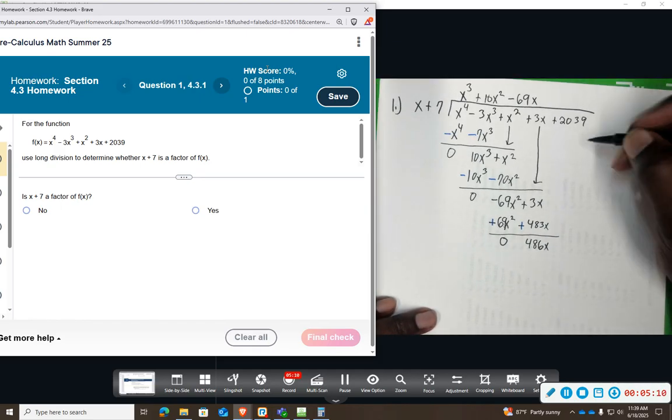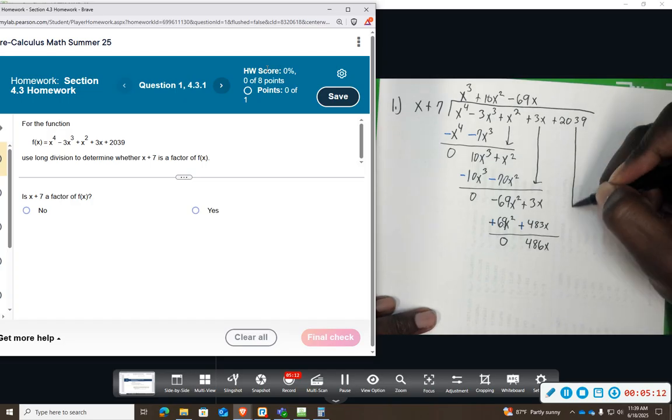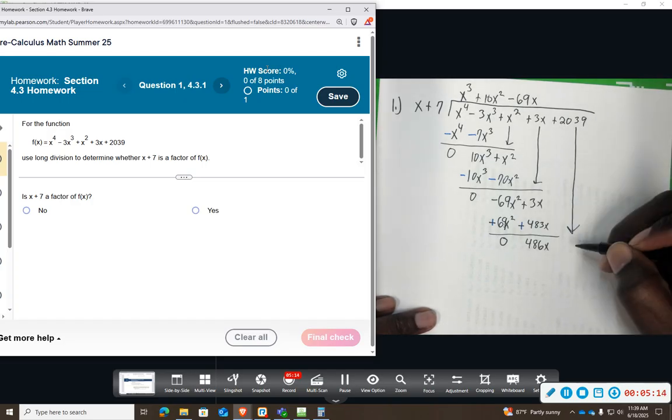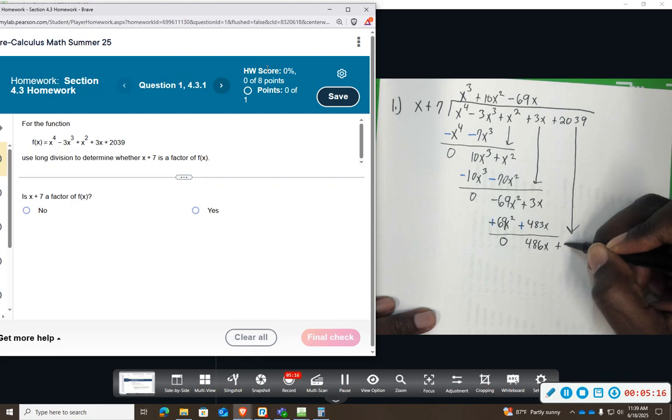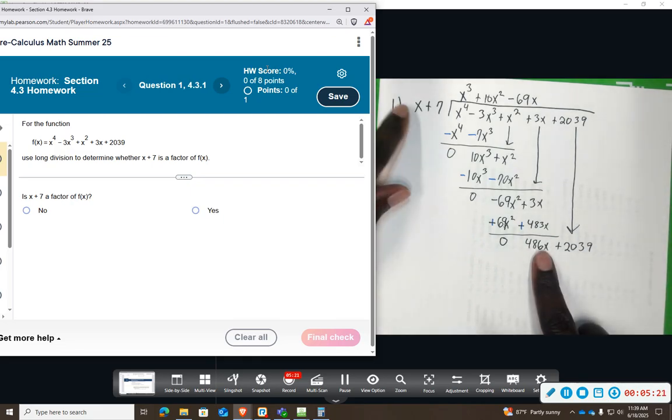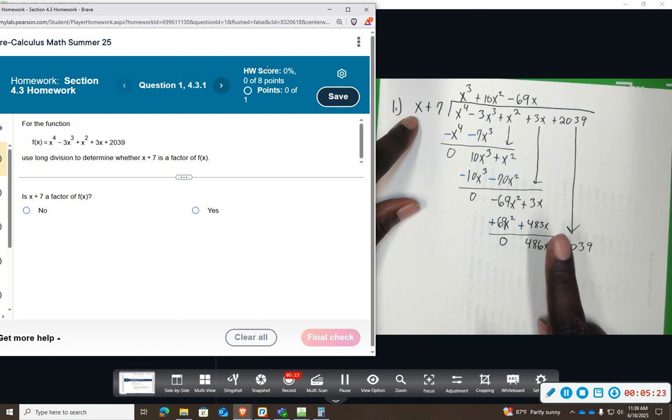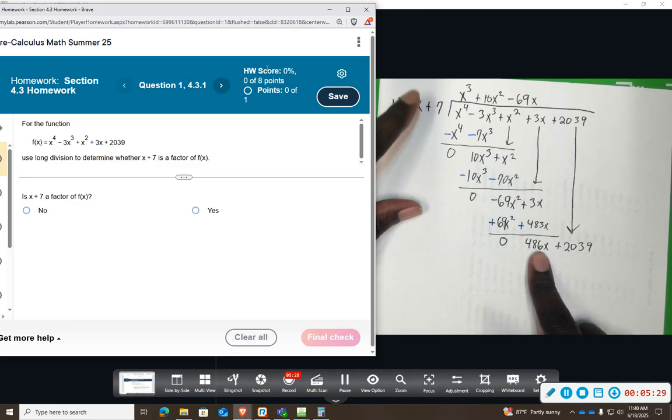And we bring down our last term. And then one more time, we're going to focus with the first term. So I want to multiply x by something so that it's equal to 486x. So that's just multiplying by a coefficient of 486.